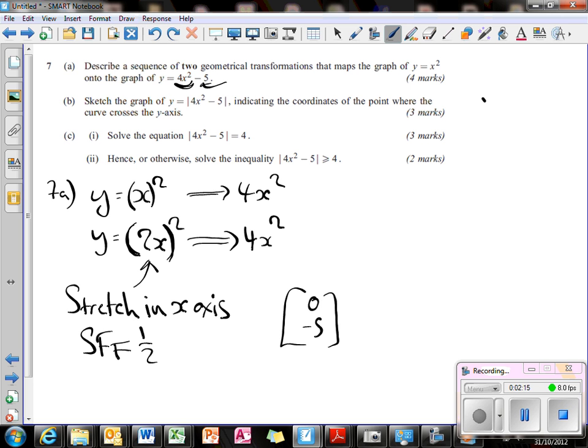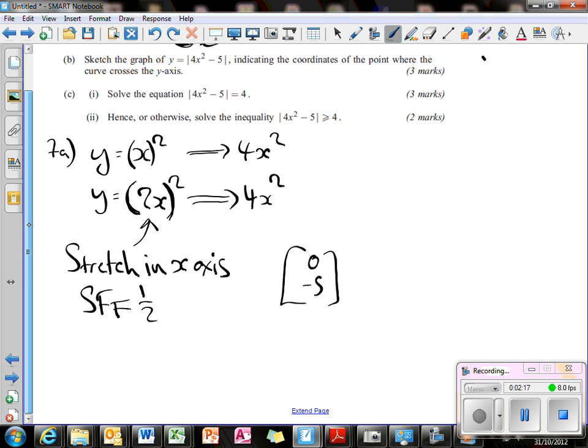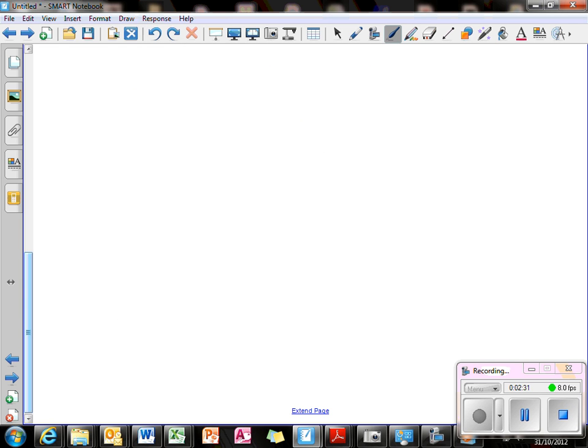Second part, sketch the graph of y equals mod 4x squared minus 5. What we're going to do is sketch a graph of 4x squared minus 5 as normal, and then just take the positive parts of it. So we're doing 4b, and we're going to sketch a graph of y equals 4x squared minus 5. What I really want to know is where that cuts, the roots of this. So I'm going to put it equal to 0.